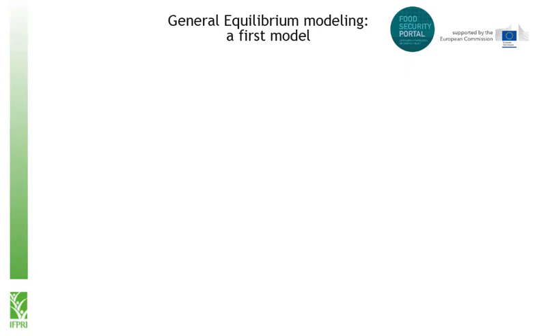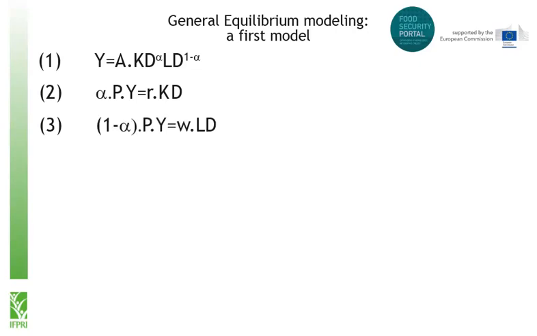We have 8 equations. The first equation is the level of production based on Cobb-Douglas technology. Equations 2 and 3 are the demand for capital and the demand for labor by the productive sector. Equation 4 is the formation of income, the income of the consumer.